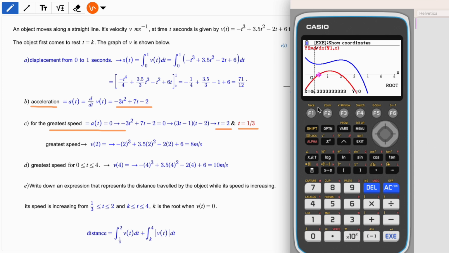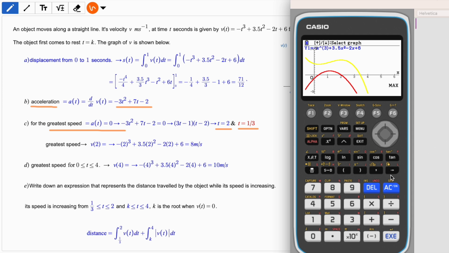Here you go. 0.33, which is 1/3, right? And the next one is at 2. So what these points are communicating to us is that at 1/3 and 2, the acceleration is 0. That's where your velocity is changing its direction, from minima to maxima or coming back, right? And that's what we could verify from the maxima value.